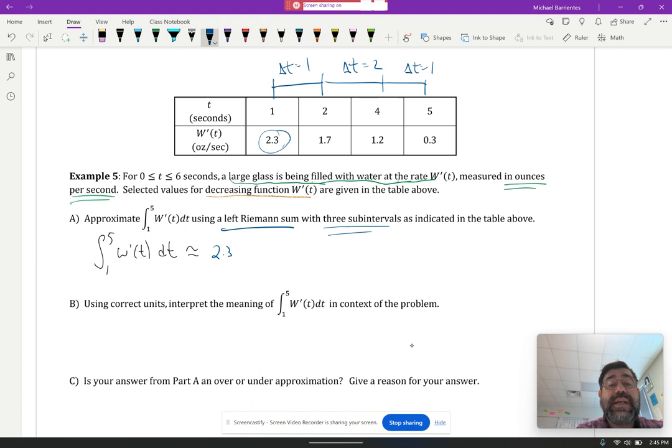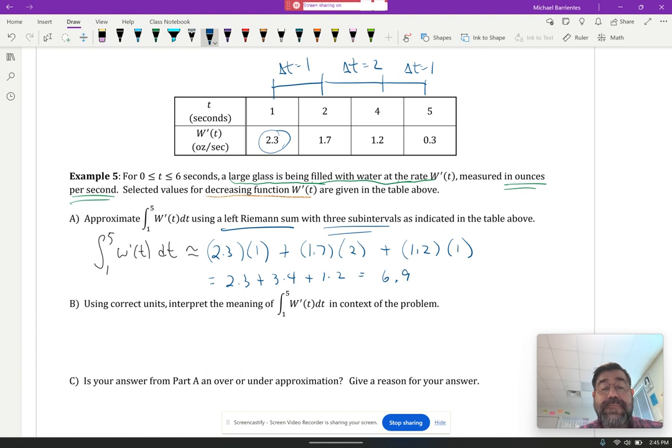Height times base, plus height times base, and height times base, which equals 2.3 plus 3.4 plus 1.2. And let's see what we get there. 6.9. So this is our numerical answer to our estimate. Our integral is about 6.9.